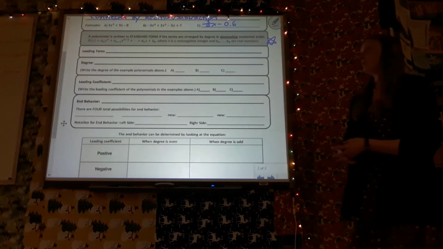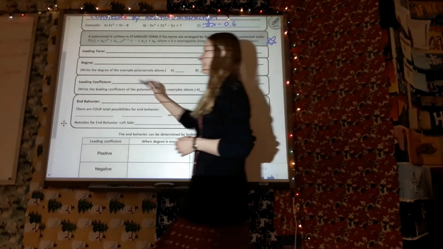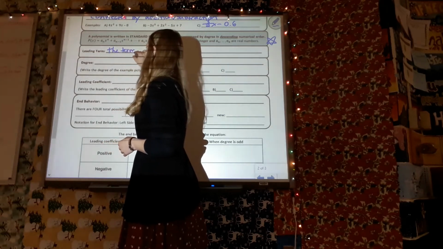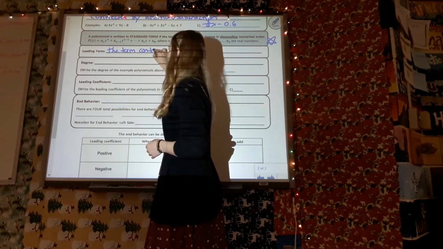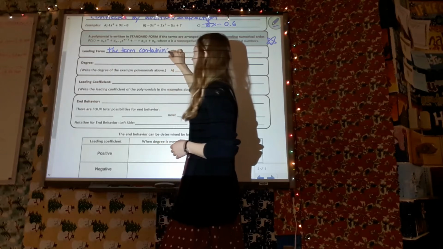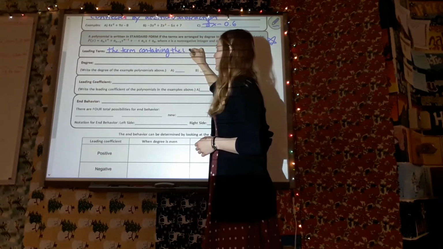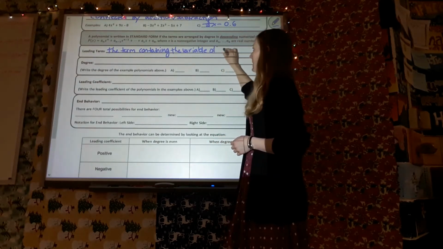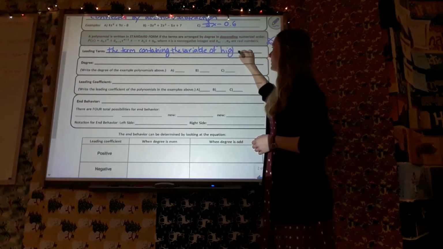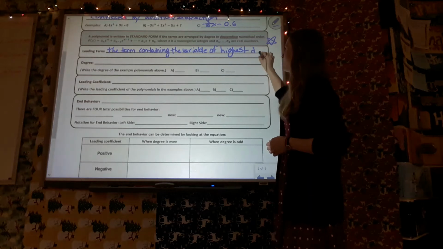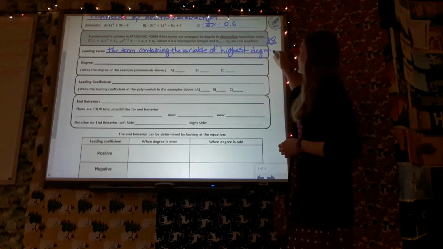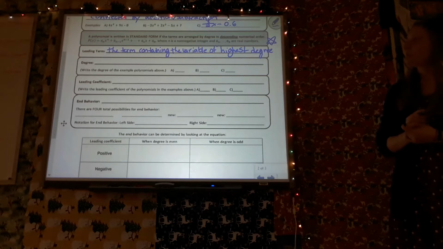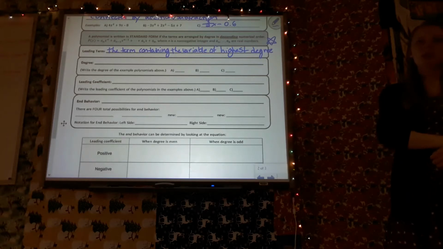Now, a couple of vocabulary words. Leading term. The leading term is the term containing the variable of highest degree.